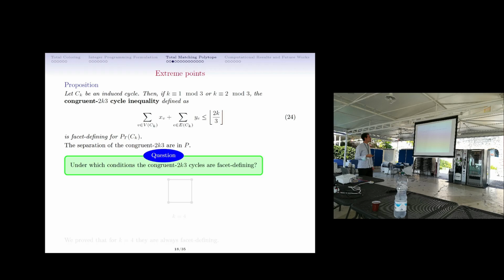A natural question is this one: under which condition are the congruent 2k3 cycle inequalities facet defining for every graph G? We can prove that if k is 4, they are always facet defining for the total matching polytope of the graph G.